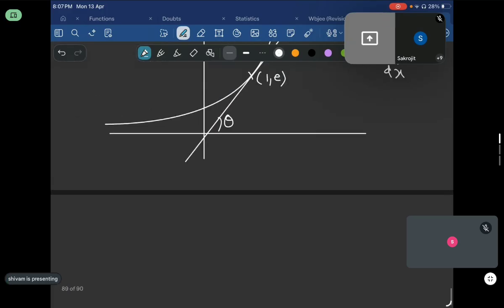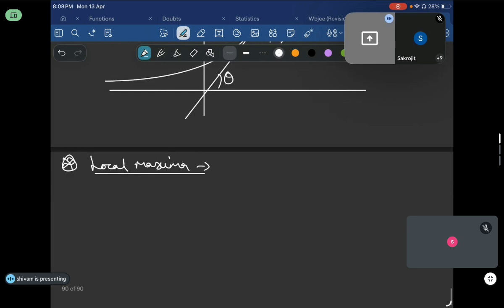Next, we need to understand what is local maxima. Pay attention. Local maxima is actually the maximum value of the curve in a particular interval.